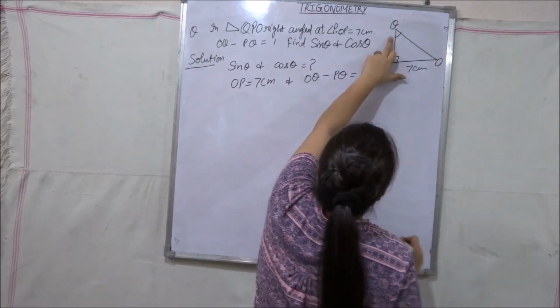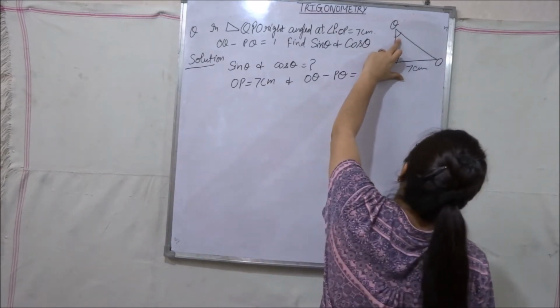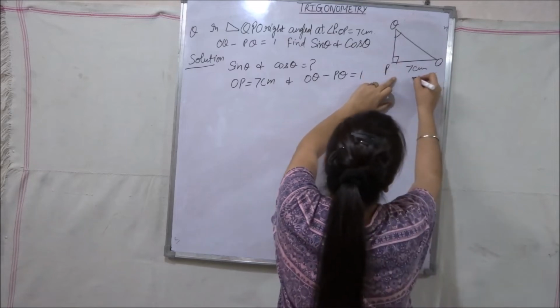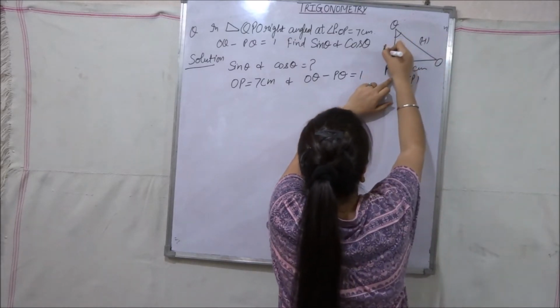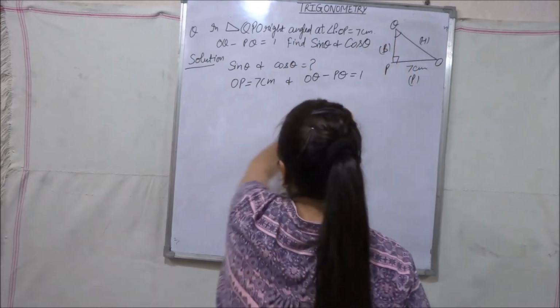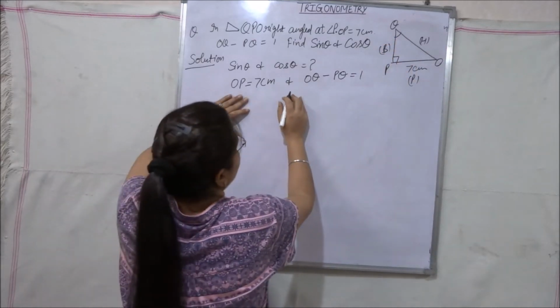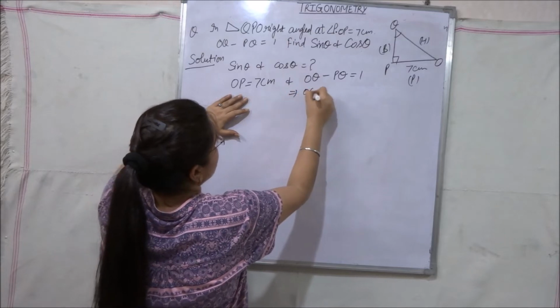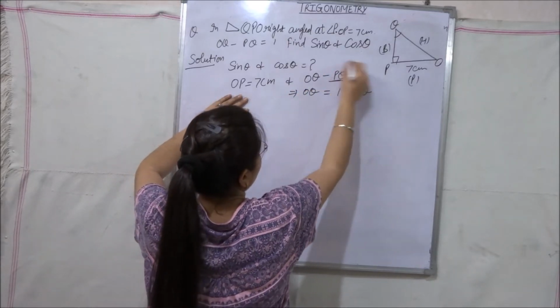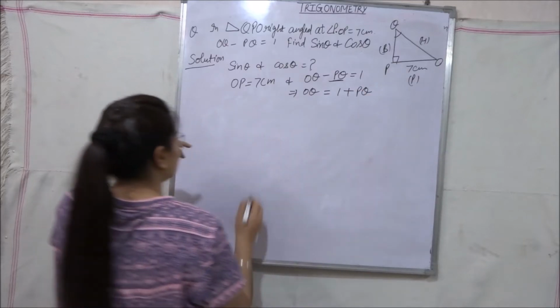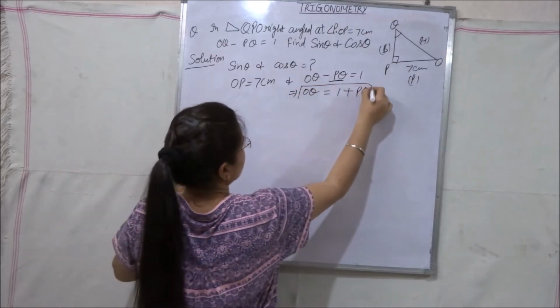Since we have to find the value of angle Q, this is our perpendicular, this is the hypotenuse and this is our base. Now the value of OQ is 1 plus PQ, taking PQ to the right hand side. So this is our value of OQ.